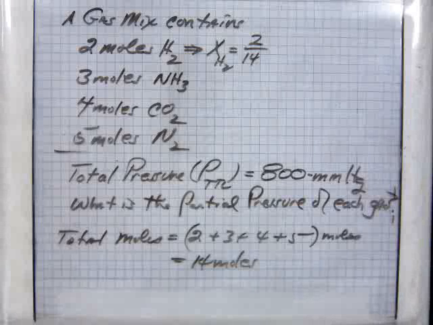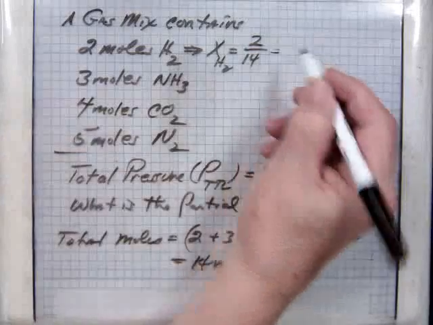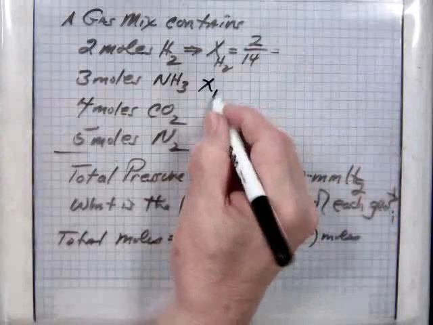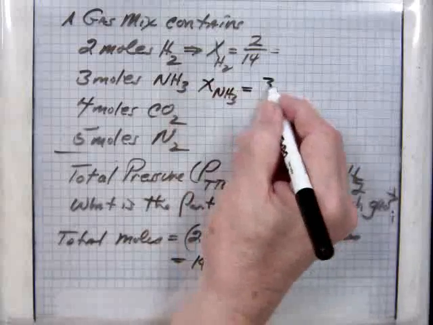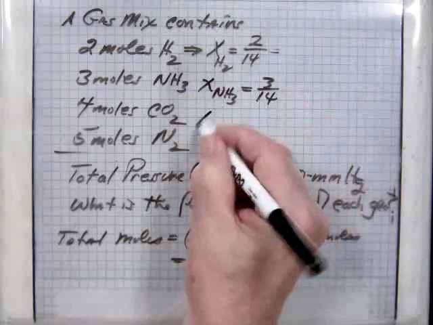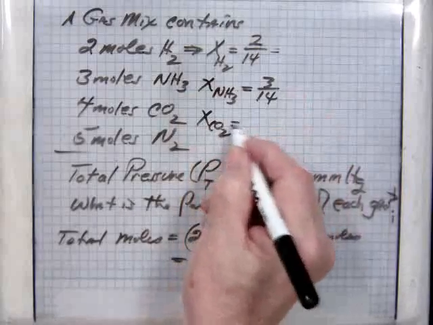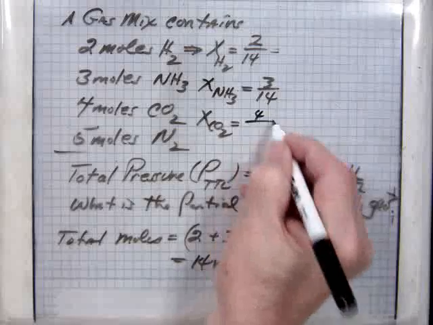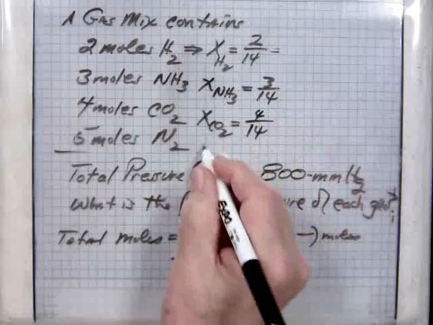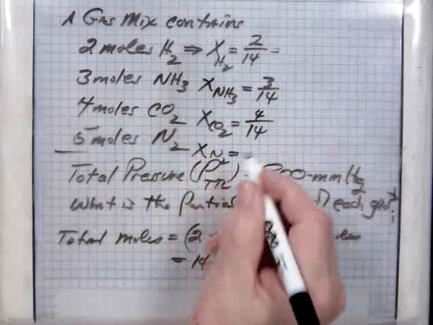It's just that fraction of it. Mole fraction of ammonia is 3 out of 14. The mole fraction of the CO2 is 4 out of 14. And the mole fraction of N2 is 5 out of 14.